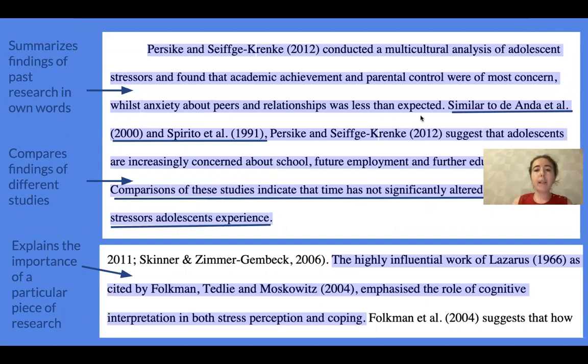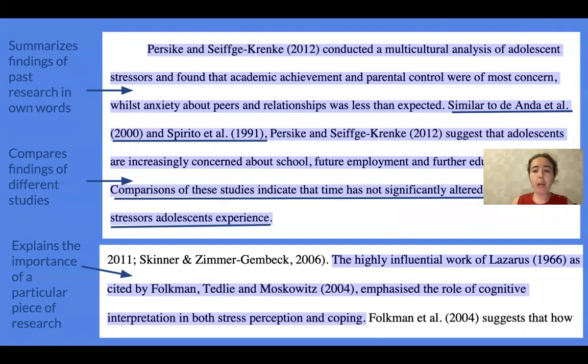How are they drawing connections between different authors? And how can I take some inspiration from that? What kind of faults or flaws are they pointing out? And can I maybe see the same faults or flaws in some of the articles that I'm reading, right? So please, please, please read actively.